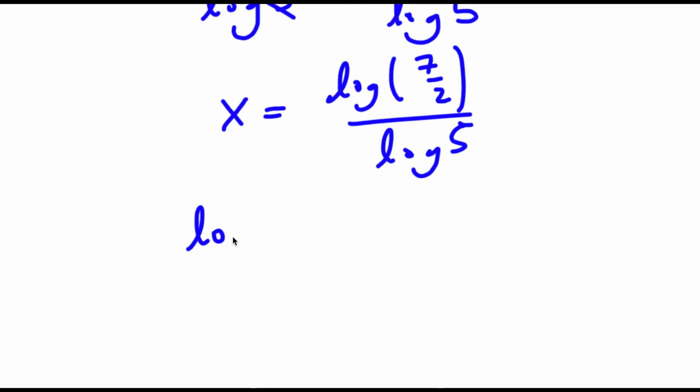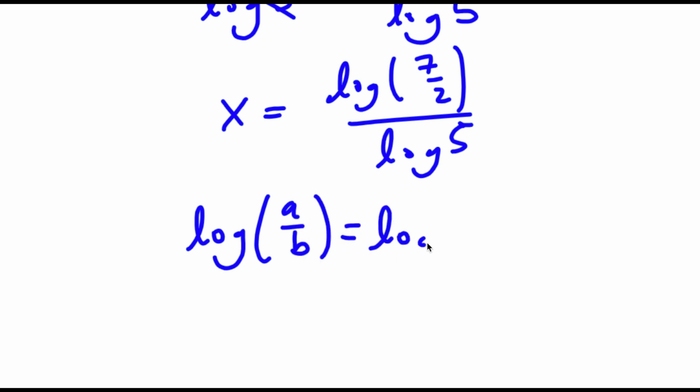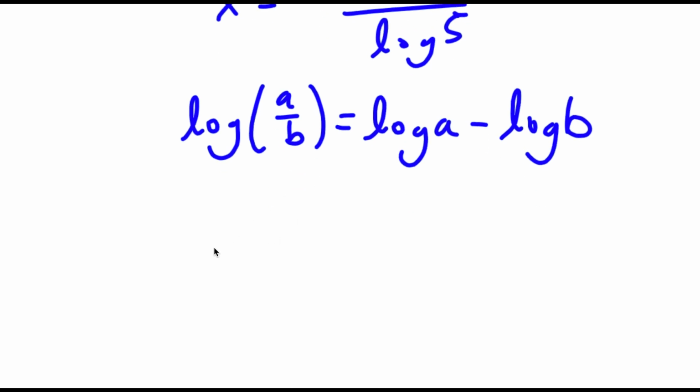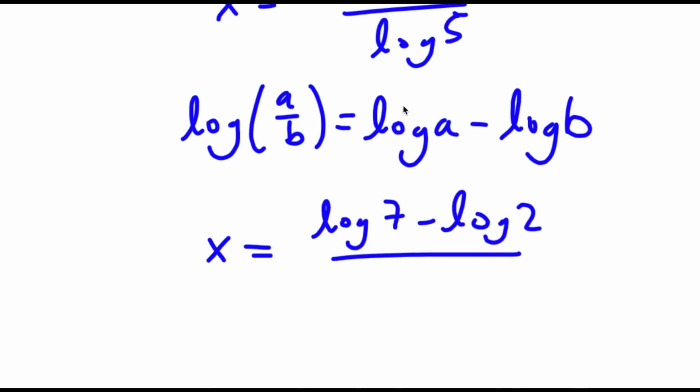Now, if I have something in the form log a over b, this is equal to log a minus log of b. So in this case, I have log 7 over 2, and I can rewrite that as log 7 minus log 2, and I have this over log 5.